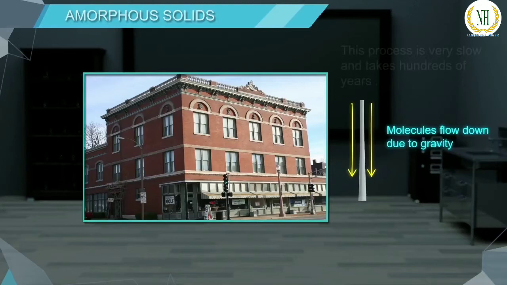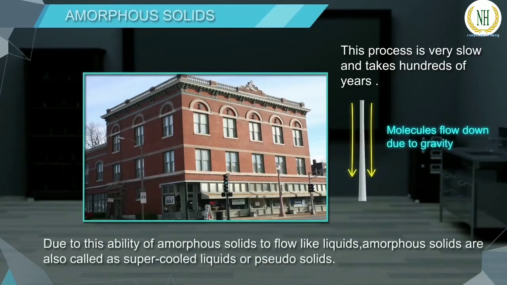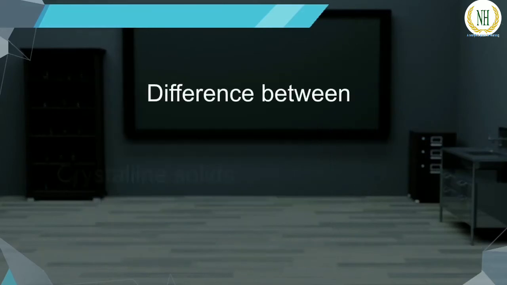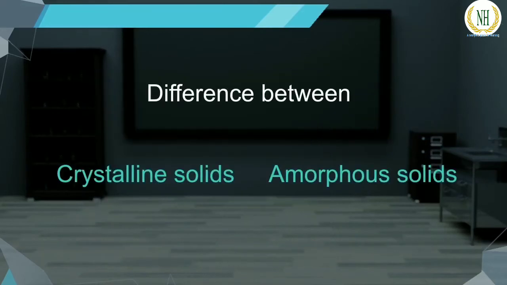Please note that this process is very slow and takes hundreds of years. Due to this ability of amorphous solids to flow like liquids, amorphous solids are also called supercooled liquids or pseudo-solids. Let's differentiate between crystalline and amorphous solids.